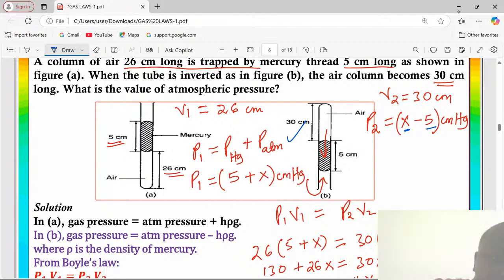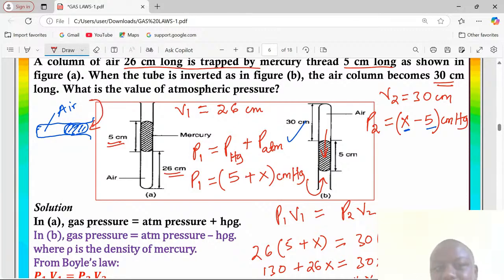Now, when the tube is horizontally lying like this, and we have our column here of mercury, then we have our air at this point. In this case, atmospheric pressure is entering the tube, but the weight of this particular mercury thread is acting downwards.